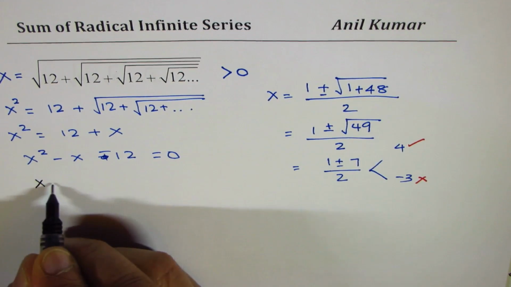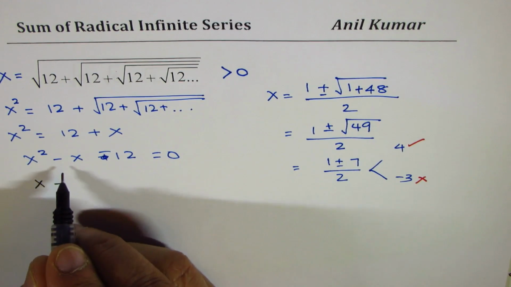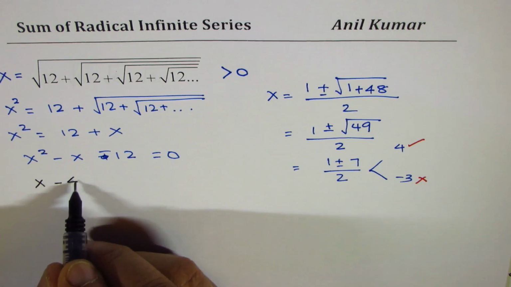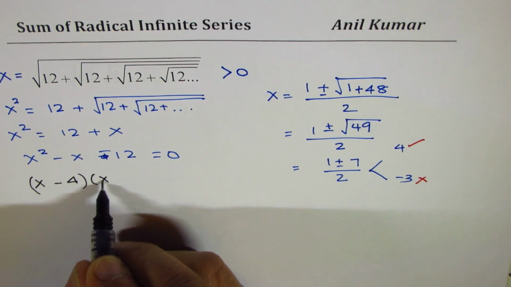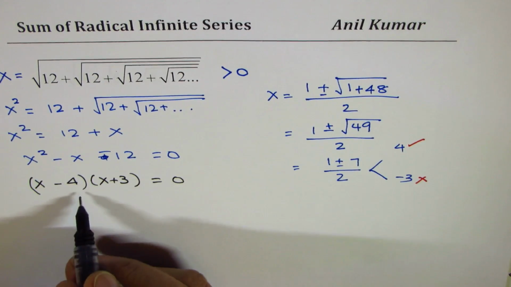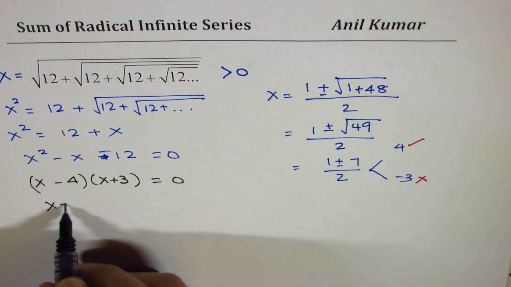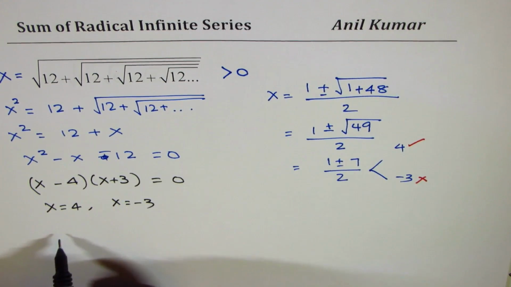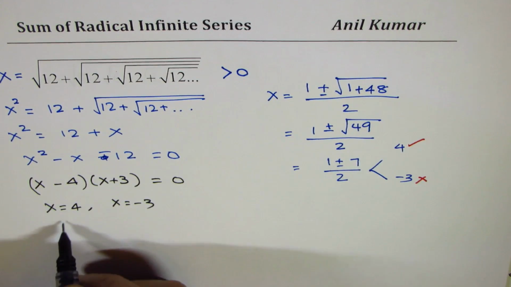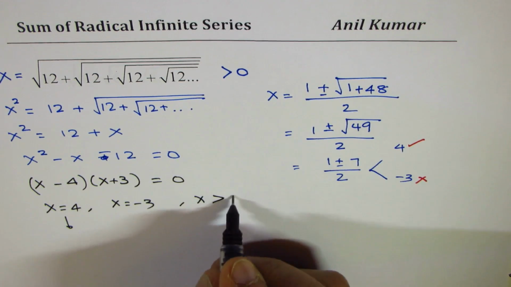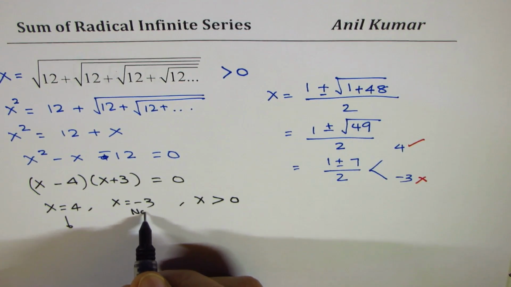So we could write this as x, and the bigger number is negative, right? So we get x minus 4 times x plus 3 equals 0. Now there are two solutions from these factors. One is x equals 4, the other one is x equals minus 3. And therefore, we know that the answer is x equals 4. Since x has to be greater than 0, this is not valid.